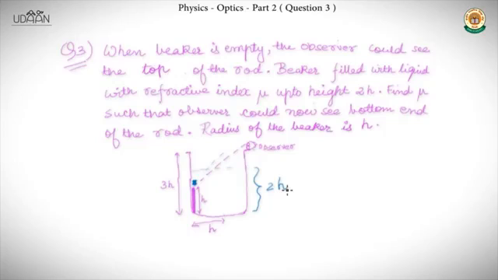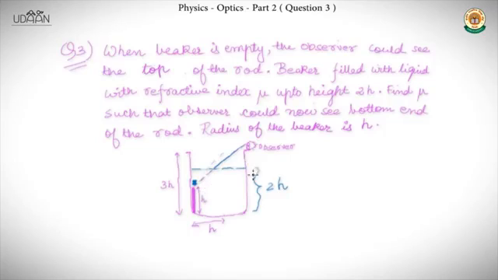So this problem doesn't involve much memorization. It basically involves a basic concept of Snell's law and the use of geometry to calculate the various sines and the various trigonometric ratios of the angles. So in the diagram we could see that when the liquid is filled up to a height 2h, the path of the incident ray reaches up to the top of the rod.